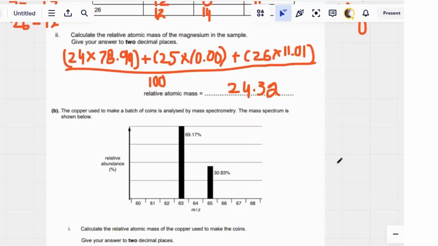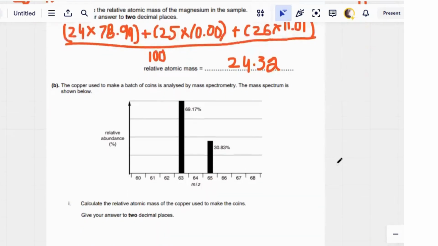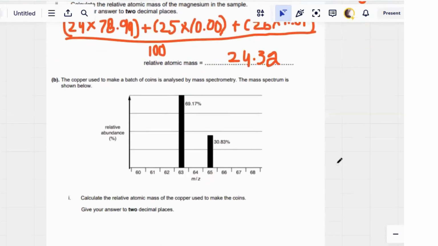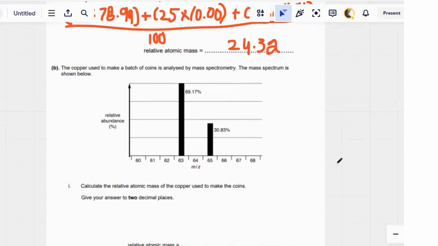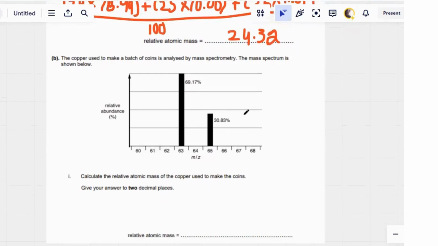Okay, the other question is that the copper used to make a batch of coins is analyzed by mass spectrometry. The mass spectrum is shown below. Calculate the relative atomic mass of copper, which is used to make coins. Give your answer to 2 decimal places.